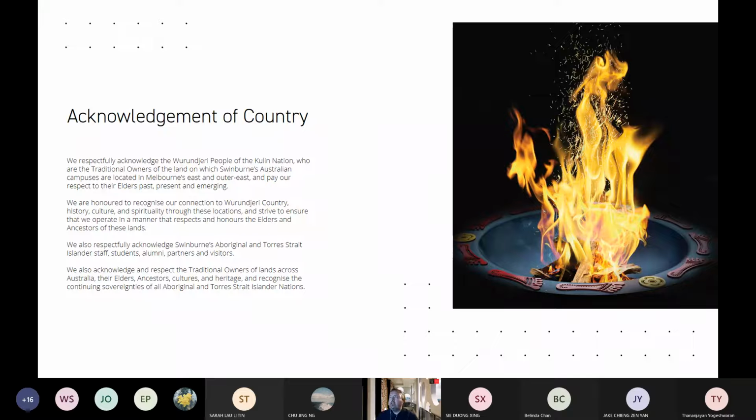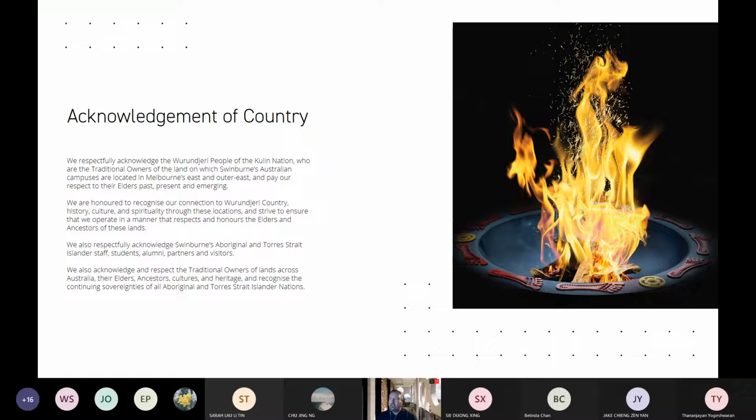We respectfully acknowledge the Wurundjeri people of the Kulin Nation, who are the traditional owners of the land on which Swinburne's Australian campuses are located in Melbourne's east and outer east, and pay our respects to their elders past, present and emerging. We're honoured to recognise our connection to Wurundjeri country, history, culture and spirituality through these locations, and strive to ensure that we operate in a manner that respects and honours the elders and ancestors of these lands.